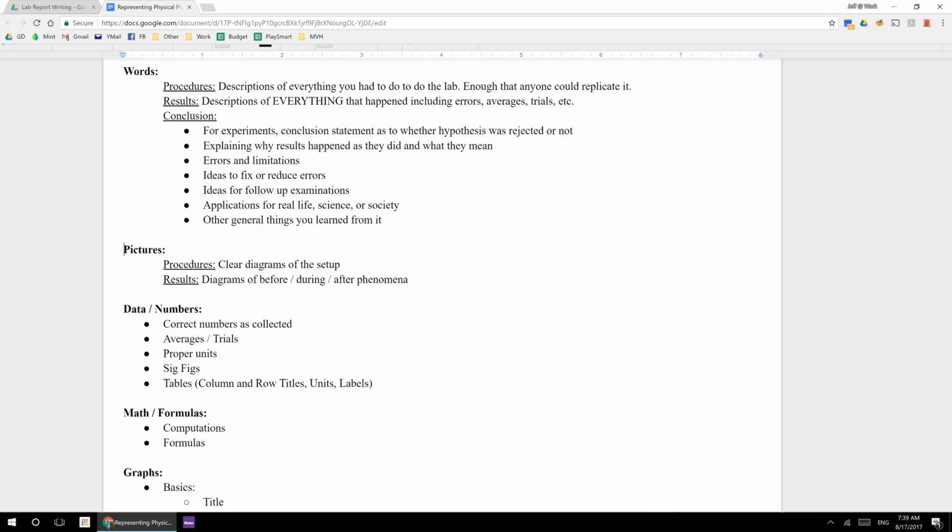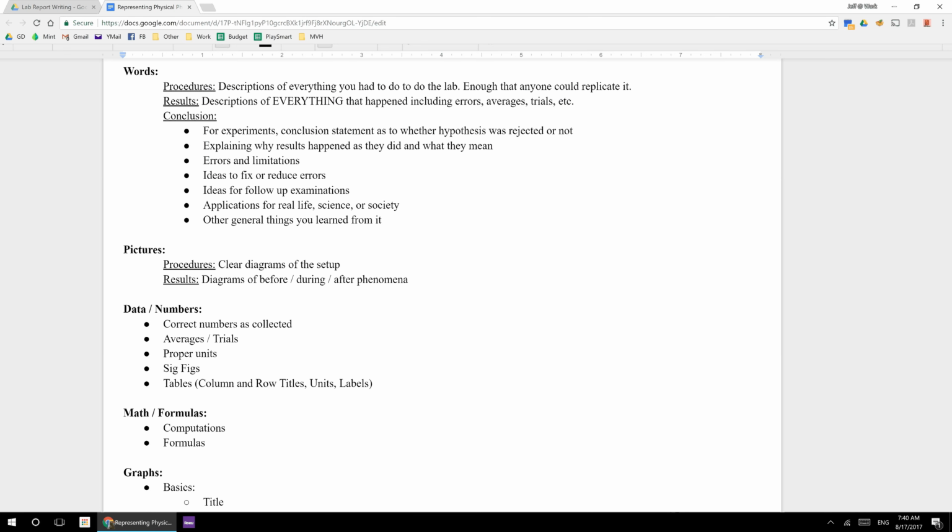You could also do that with other types of visuals, including videos or actual physical pictures that you took of the setup. I strongly encourage people who are doing labs to take pictures or even videos while they're doing the lab so they can include them in their reports. Visual representations of the physical phenomena are very important, and you should include them in your presentations in whatever format I ask you to do.